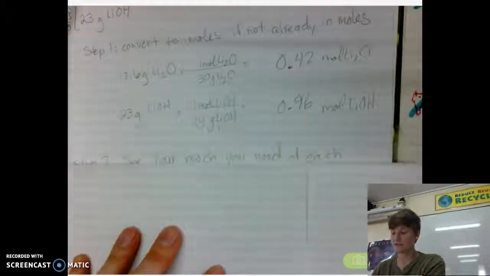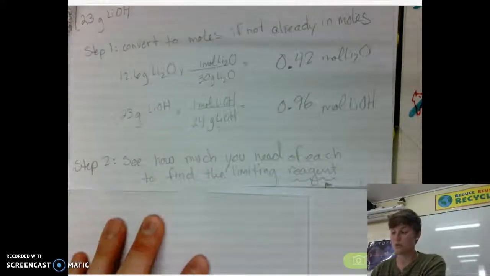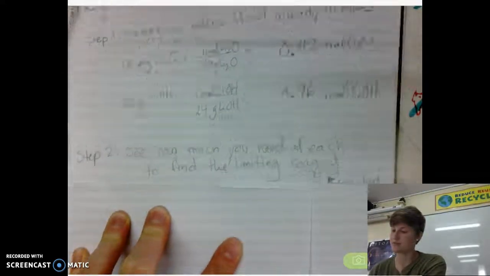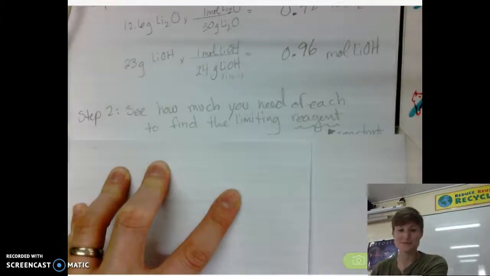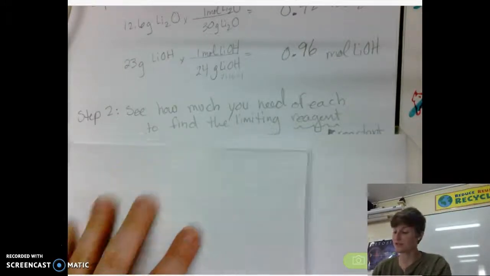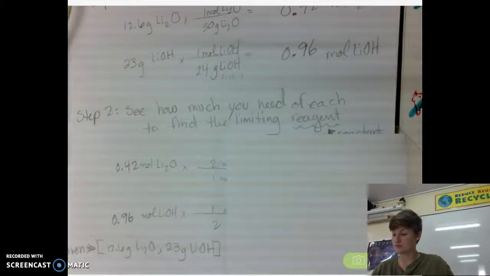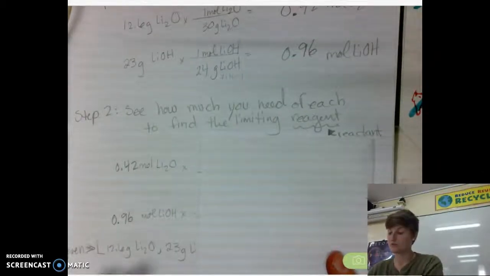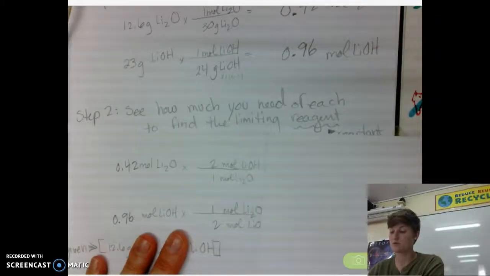So now what I need to do is see what is my limiting reagent. And that reagent is behind my head again. What is my limiting reagent? So again, I need to take my moles, and then I need to multiply them by the mole ratio.